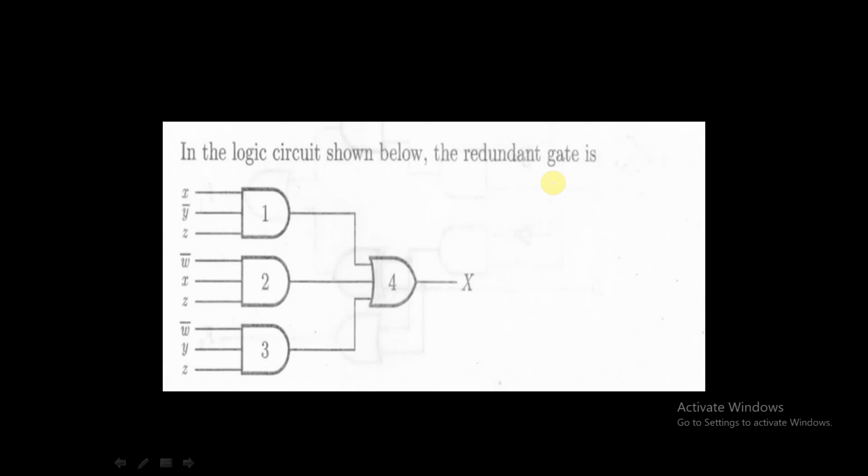First write down the expression for x, and from that draw a k-map. We have already discussed what is meant by redundant terms and redundant implicants, so from that you can find which group gives a redundant implicant.